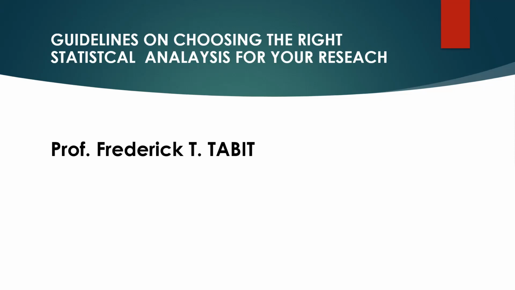In this way, they'll be able to select the correct statistical analysis for their data. Against this background, I've decided to present the lecture entitled Guidelines on Choosing the Right Statistical Analysis for Your Research Data. Okay, so we proceed.